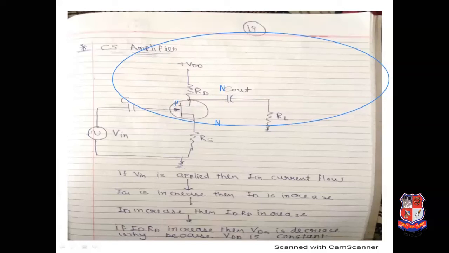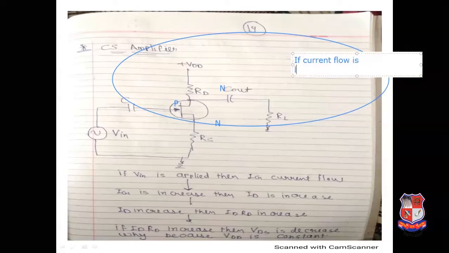If current flows, then by the fundamental law of basic electronics, the depletion region width is decreased. If current flow is large, then the width of the depletion region is decreased.